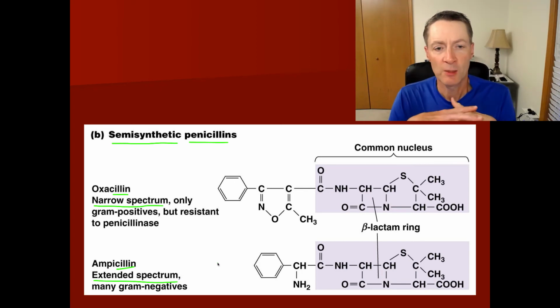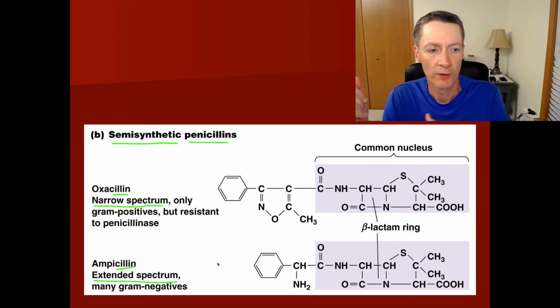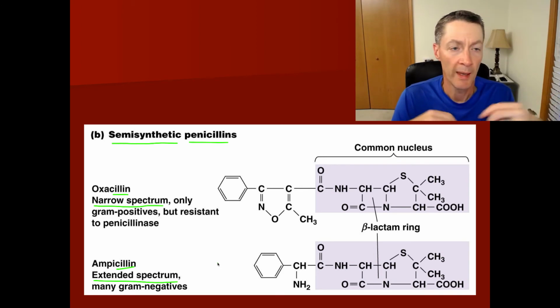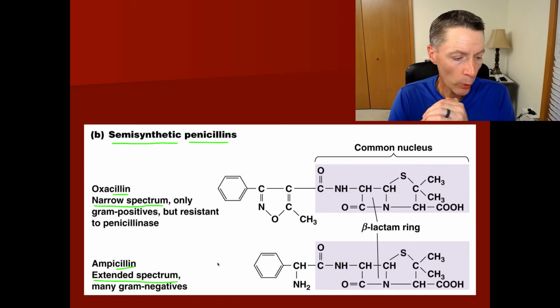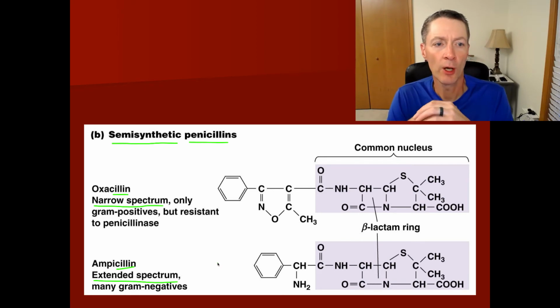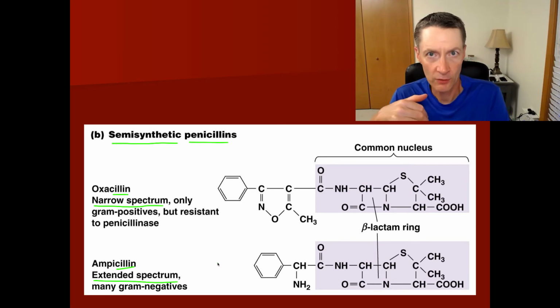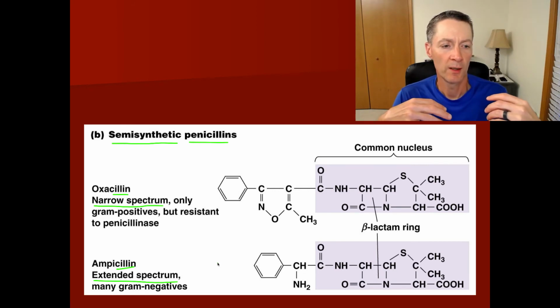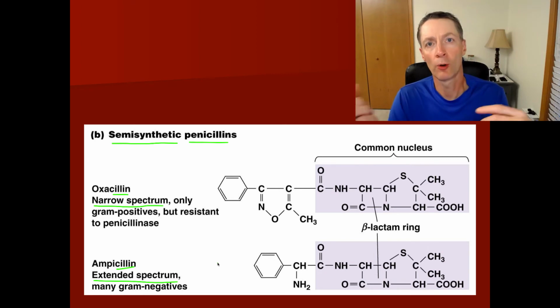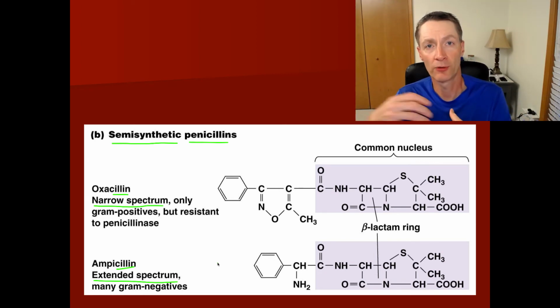Again, I'm not expecting you to memorize that oxacillin is narrow spectrum and what particular bacteria it kills. What I'm expecting you to do is to know what semi-synthetic means. If I were to tell you that oxacillin is narrow spectrum, I want you to be able to tell me what that means about the drug. Okay.